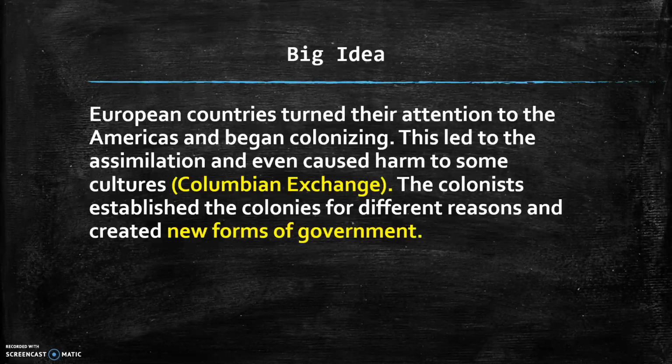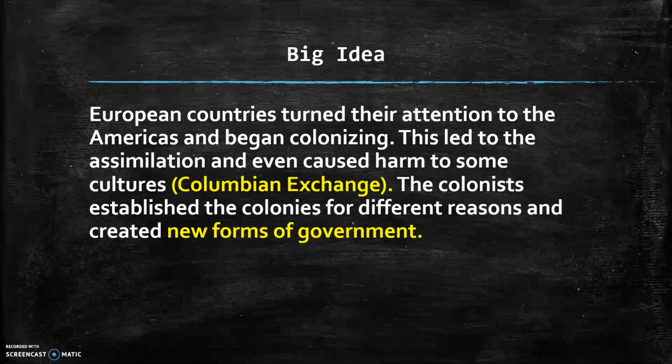So you have this assimilation of goods and resources between the Native Americans and the colonists. Some of these products being exchanged back and forth are good, but some of them are bad, such as diseases. We have measles and chicken pox, which are being brought back to Europe with the colonists.